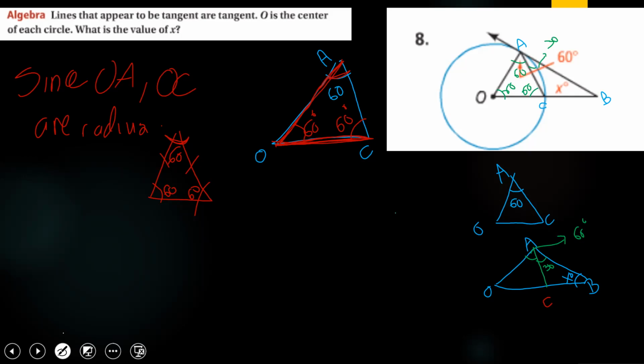So 60 plus 90 plus angle B equals 180. Now look at the big triangle here.